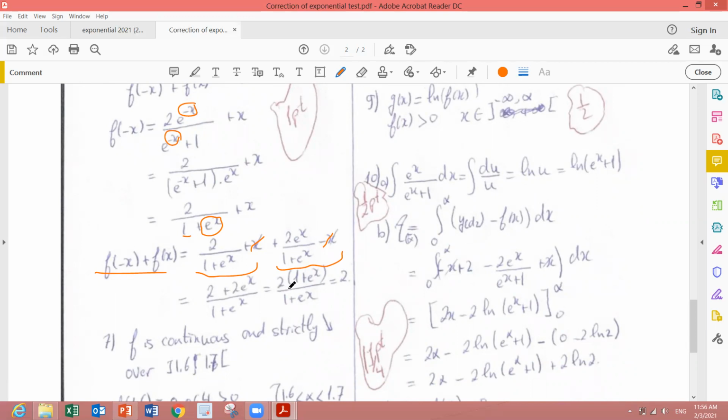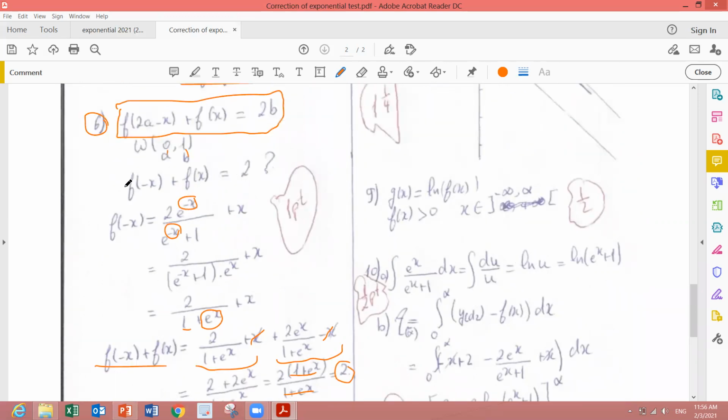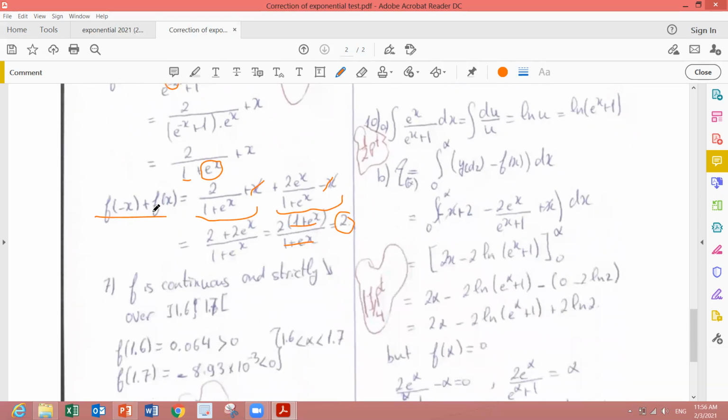Take 2 common: 2 into (1 plus e^x) over (1 plus e^x), we get 2, which is 2b. So f of minus x plus f x equals 2. Therefore, W is a center of symmetry.